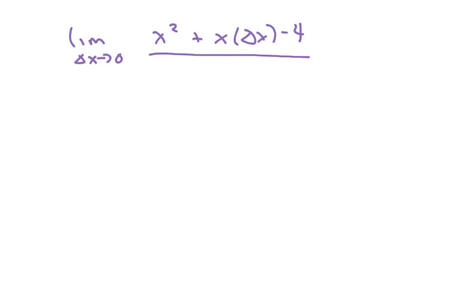All right, next, we can clean it up some more, and we get the limit as delta x approaches 0, and we're left with x squared plus x times delta x minus 4, because I canceled out my delta x's. So I'm left with just x times x plus delta x.